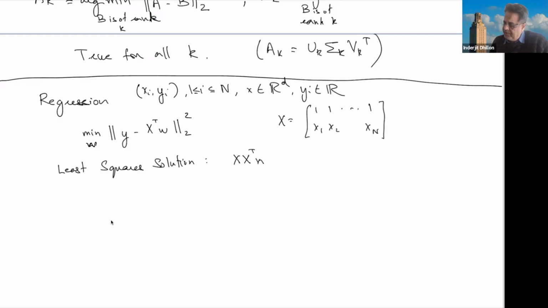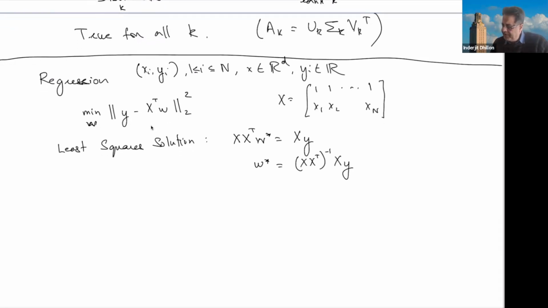XX transpose times W star, the minimizer of this, is equal to XY. So W star is the solution, and if the matrix XX transpose is non-singular, then W star equals XX transpose inverse times XY.